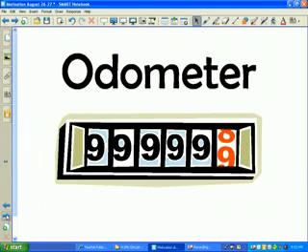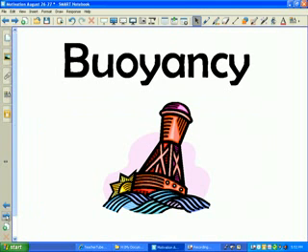So that would be the definition. The numbers could be miles. It could be the number of people going into a vicinity. It could be your speed. So it's basically a device used to keep track of numbers.